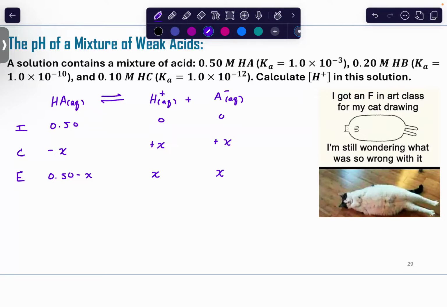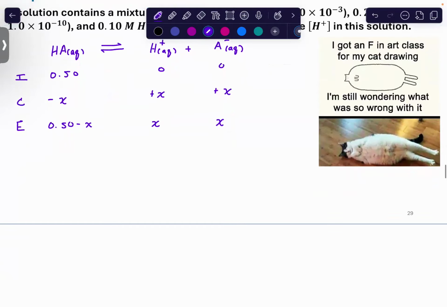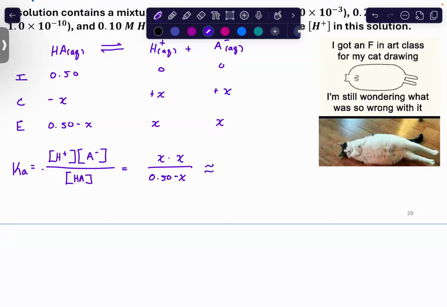It's just, when can you use the assumption? Okay, so let's look at our Ka value.